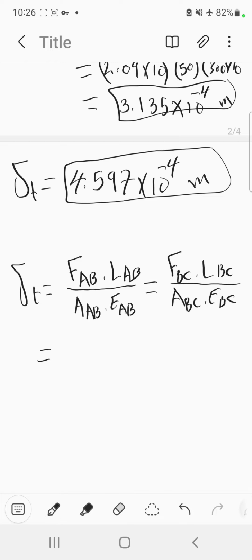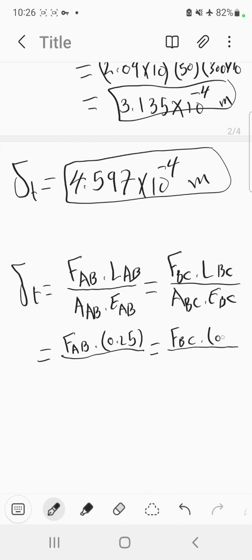Here F we don't know, and the length of AB is 0.25, before heating, and for BC it's 0.3.